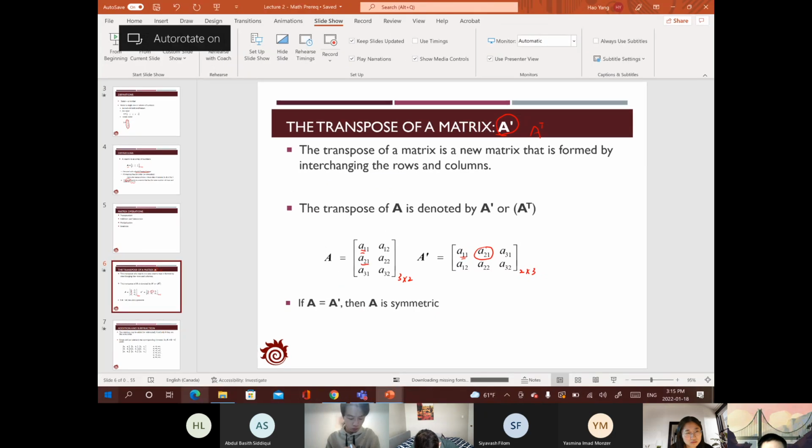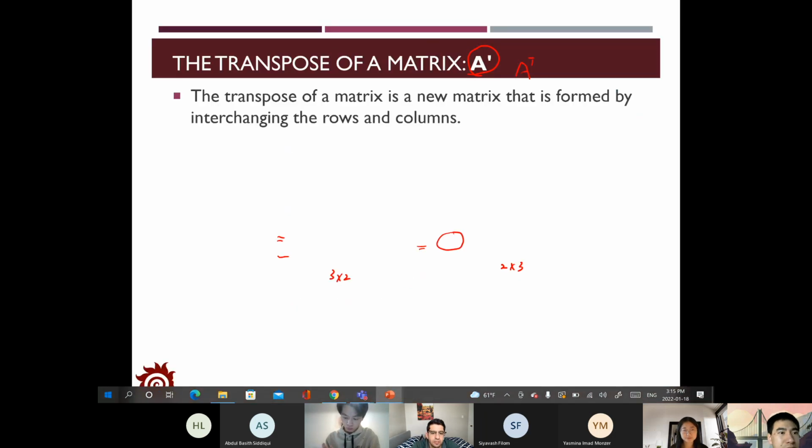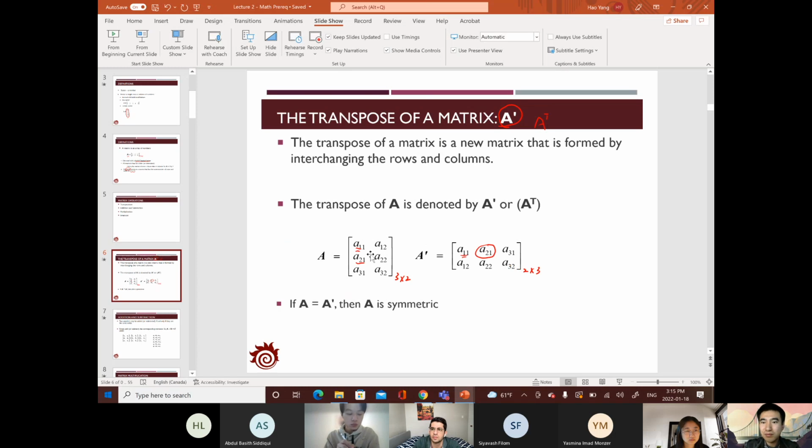Are you able to see my slides? It looks like there's some issue with my computer. Yes, we can see it right now. That's pretty weird.